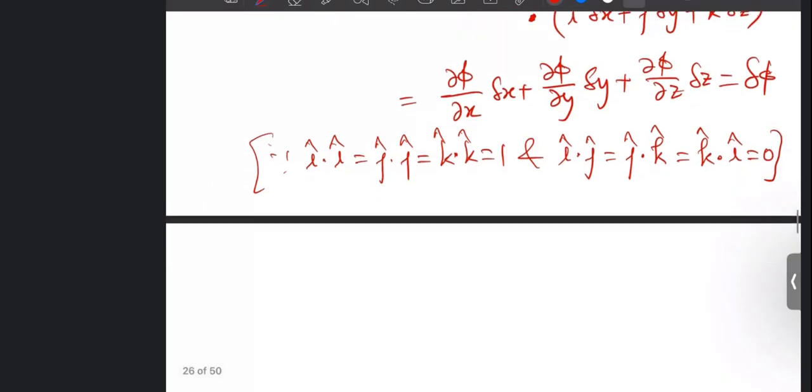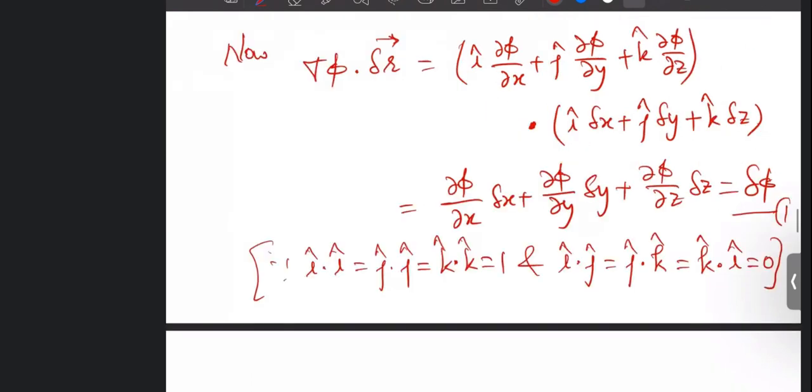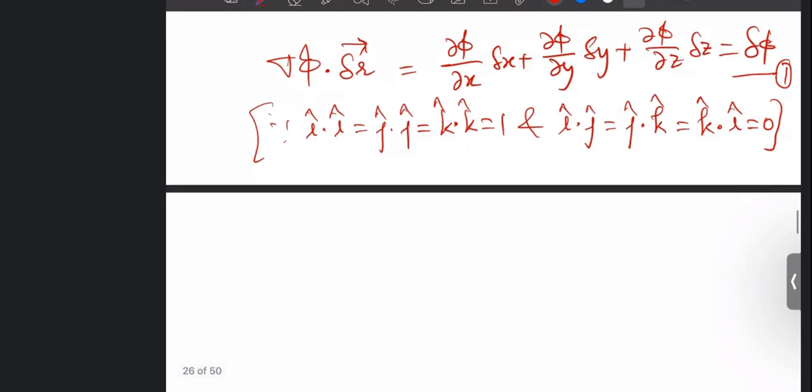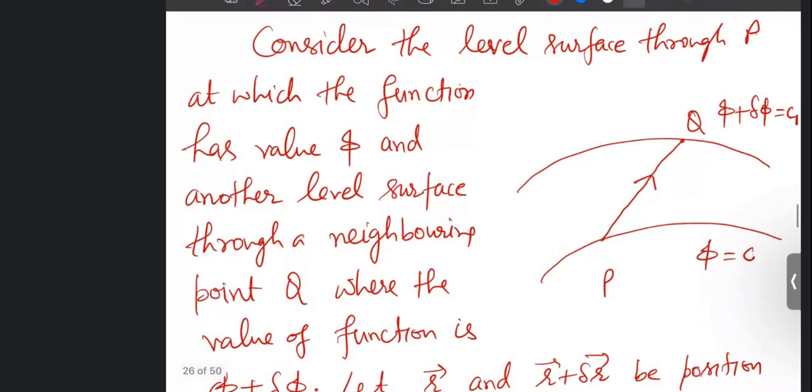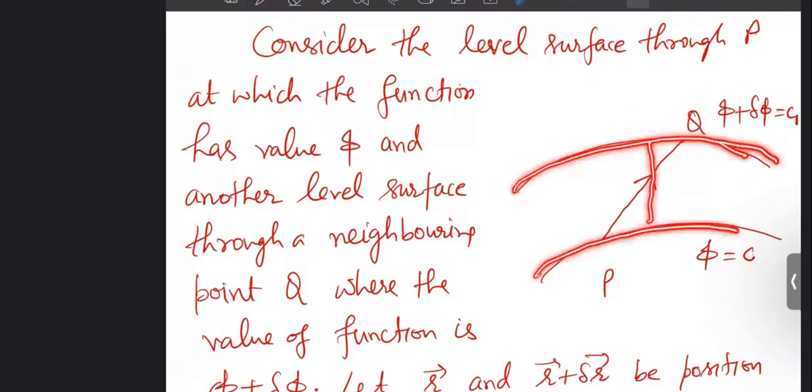So what will happen? Let us consider this as equation number 1. That is del of phi dot product with delta r. If this Q level surface approaches or coincides with this P level surface, that is, if the level surface passing through Q coincides with the level surface passing through P, then what does it mean?